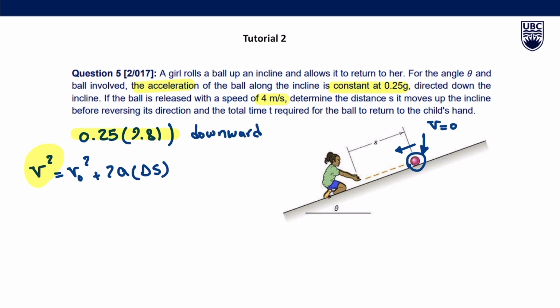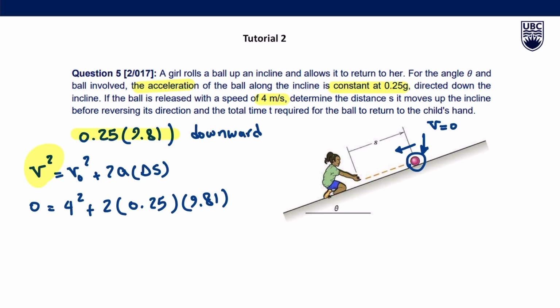because after that point it starts to roll back, right? So we have everything that we need for this equation, but displacement, which we need to calculate. So we can write 0 equals 4 squared plus 2 times 0.25 times 9.81. Is it correct?